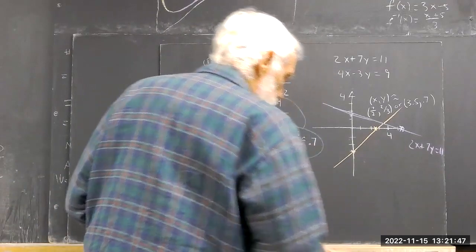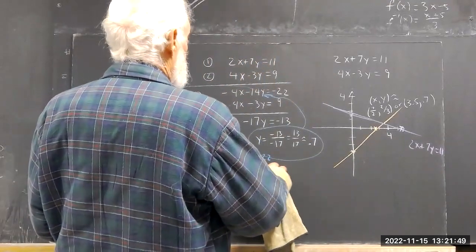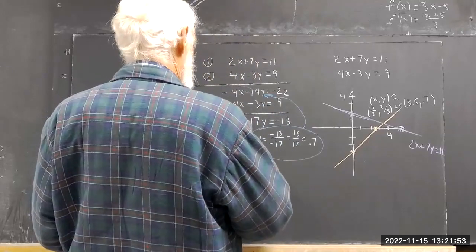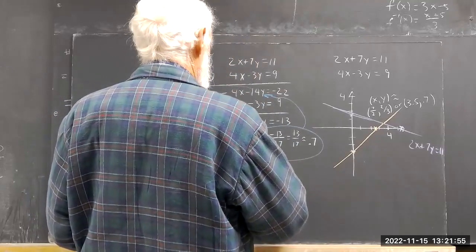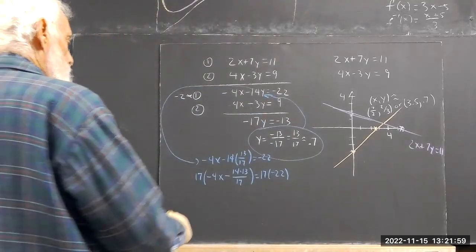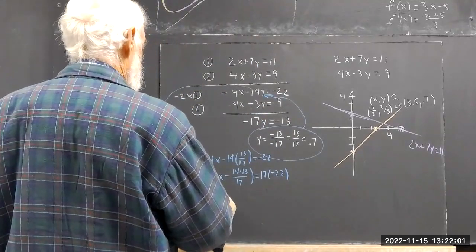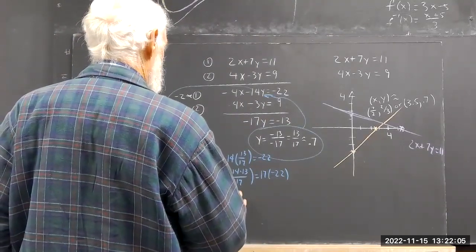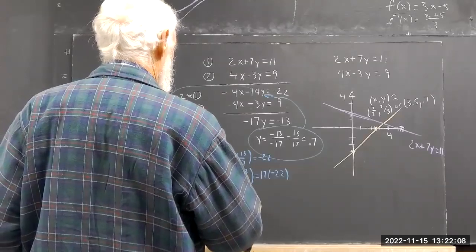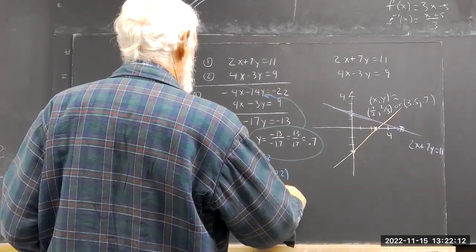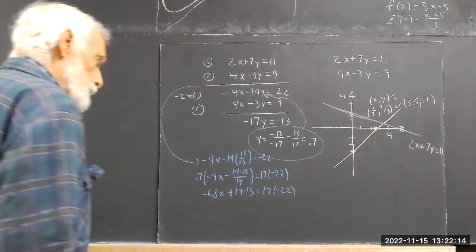And of course, I want to multiply both sides by 17. And I get this.